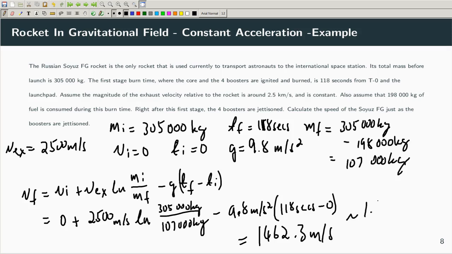So that's roughly 1.5 kilometers per second. It's moving very fast.